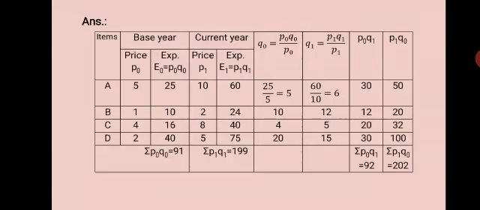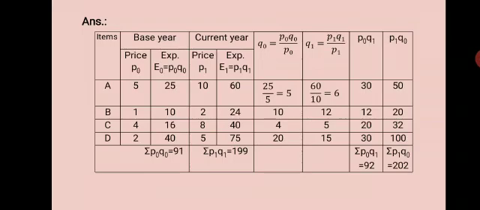Then in the solution, base year price is denoted by P0, base year expenditure is denoted by E0, that is equal to P0 into Q0. In the current year, price is denoted by P1 and expenditure is denoted by E1, which is equal to P1 into Q1.